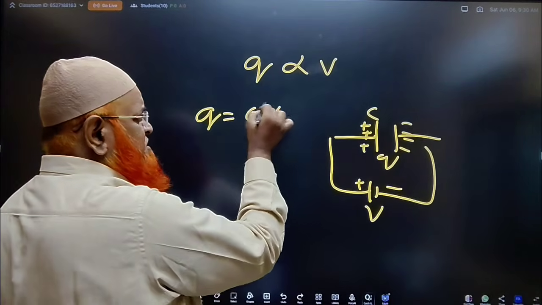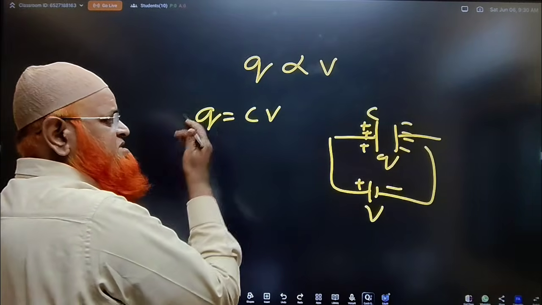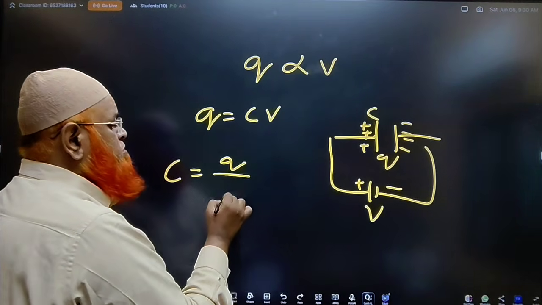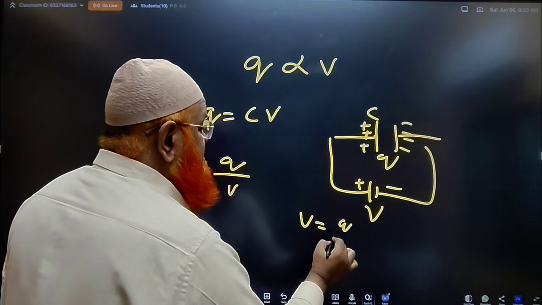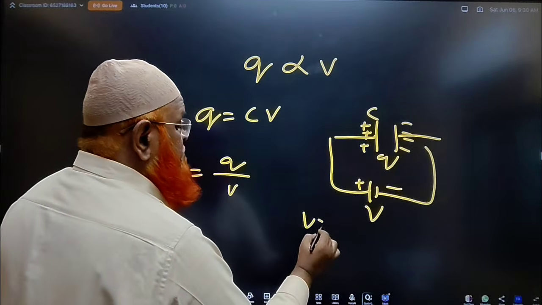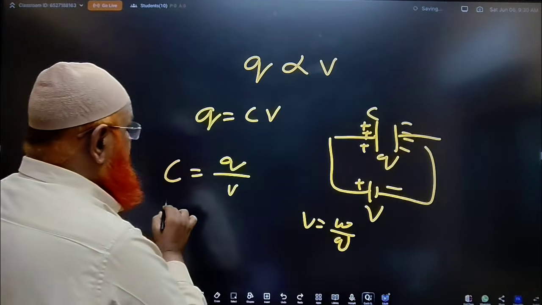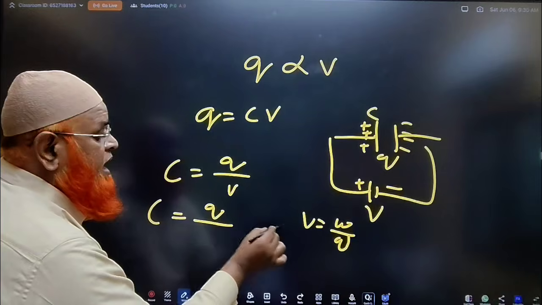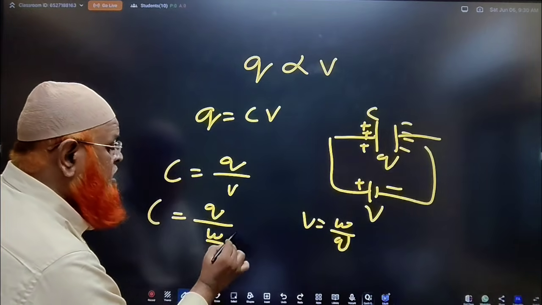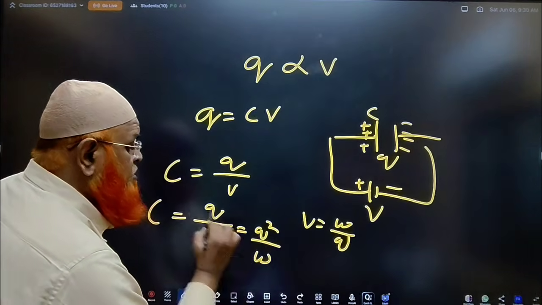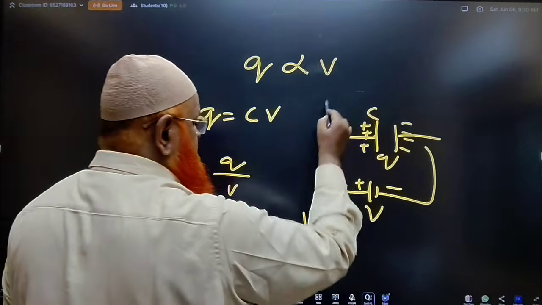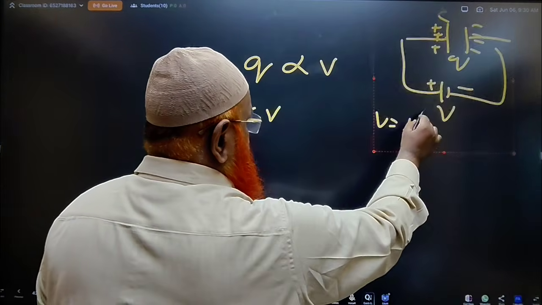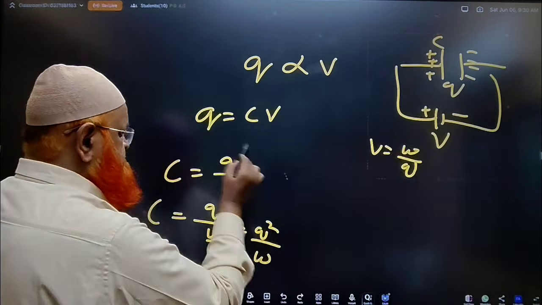If you remove proportionality, you get C. So C is equal to Q by V, and V is nothing but work done on unit charge. So C is equal to Q, and this is W by Q. So therefore Q square by W is the final formula. Is it okay?